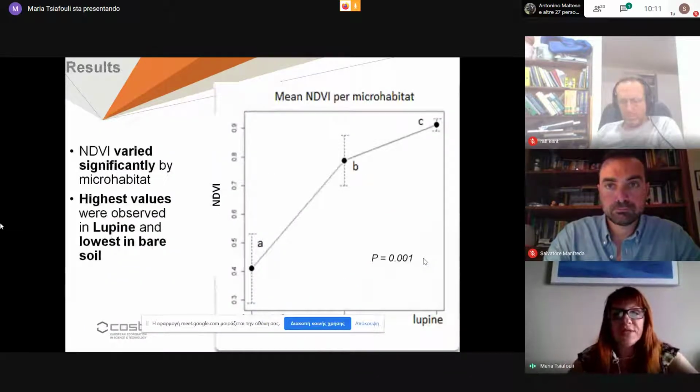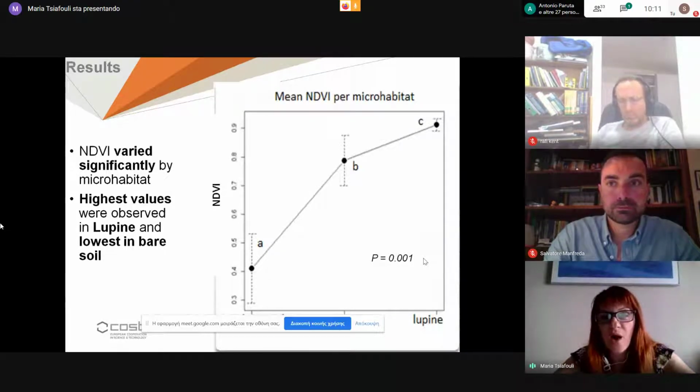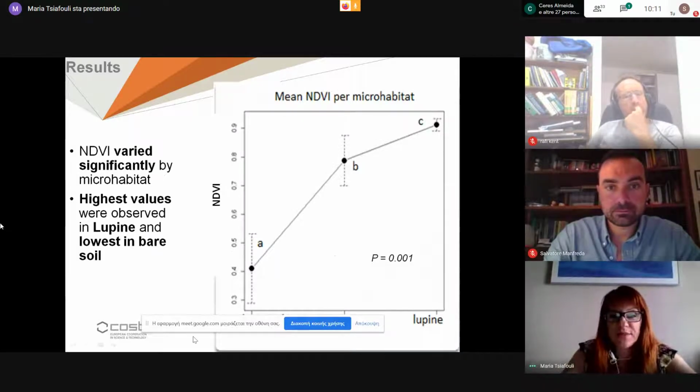So a few results. In this figure, you can see how the values of the NDVI index vary per microhabitat. Here you have the bare soil, which of course has the lowest values, the moss habitat, and the lupine habitat. And this variation is significant.